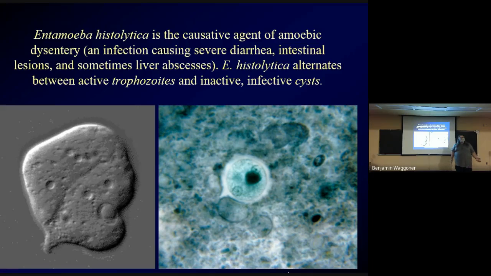So a trophozoite is a feeding, living thing. And we'll actually see that term used elsewhere. There's lots of protist parasites that have a stage that's called a trophozoite. So they'll alternate between trophozoites, which eat your intestines, and these inactive cysts, which is usually the stage that's transmitted from person to person.